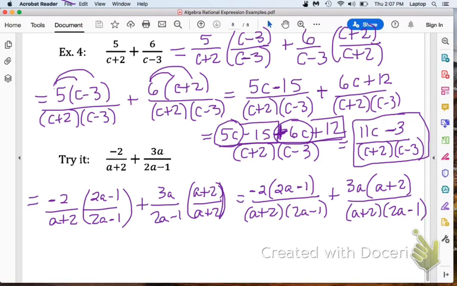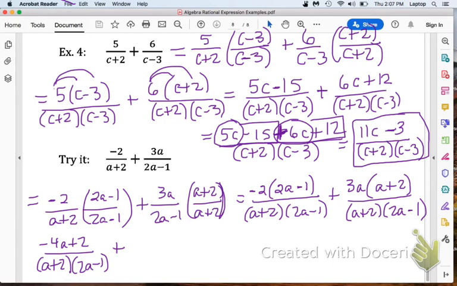All right, now we're ready to distribute. So I would get negative 4a plus 2 over my (a plus 2)(2a minus 1), plus I have my 3a squared now.